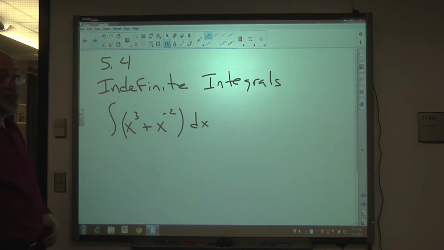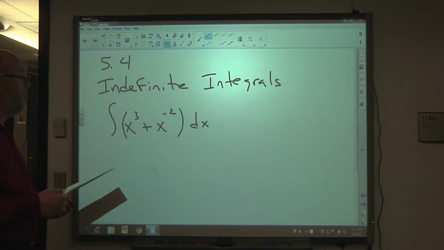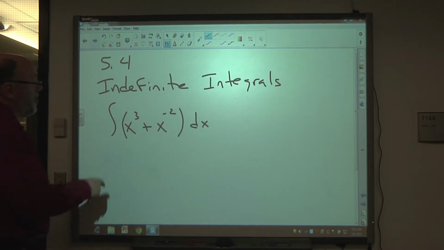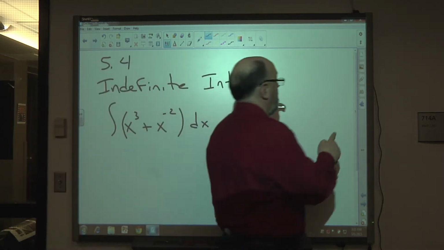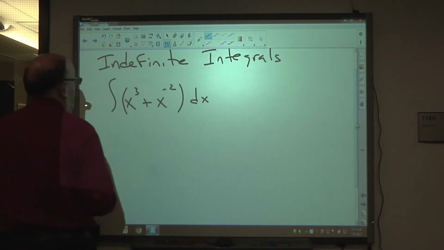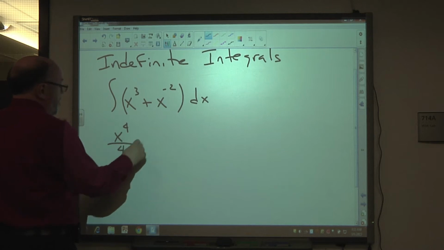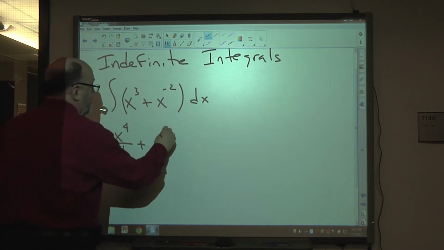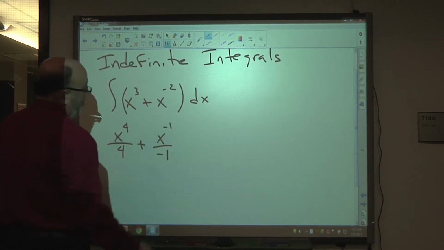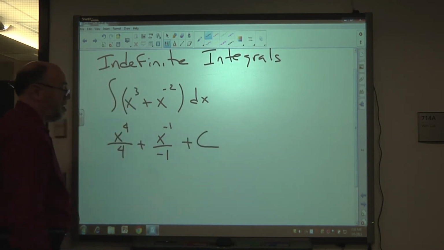Again, like I mentioned before, with indefinite integrals we're going to end up with something in the form of an equation. My basic rule for doing this is to increase the exponent by 1 and divide by the same number. So we get x to the 4th over 4, x to the minus 1 over minus 1, and then plus c.